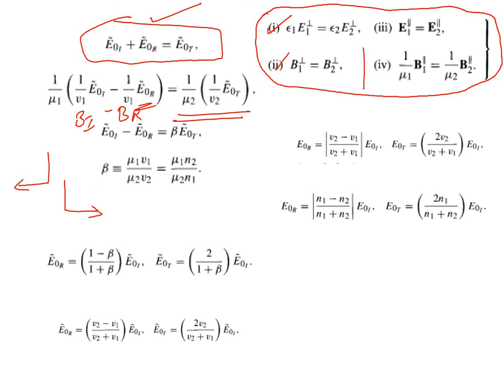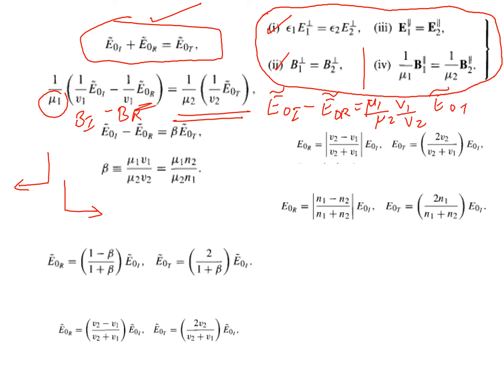Now, slightly rearranging this, you can take this mu1 from the left side to the right side. And also there is a V1 common factor. So you can write this as E0I complex minus E0R complex equals mu1 by mu2 times V1 by V2 times E0T complex.